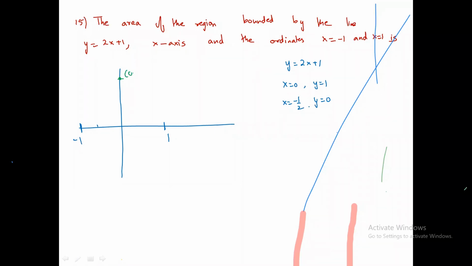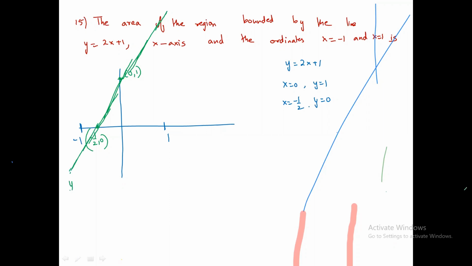Okay. And then I will take -0.5, 0. -0.5, 0 is here. I will join these two to get a straight line.